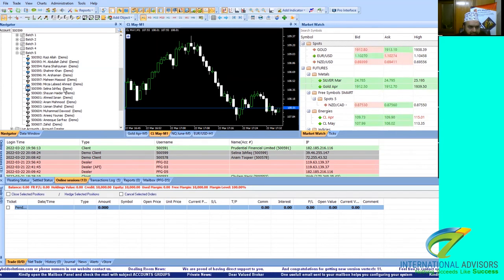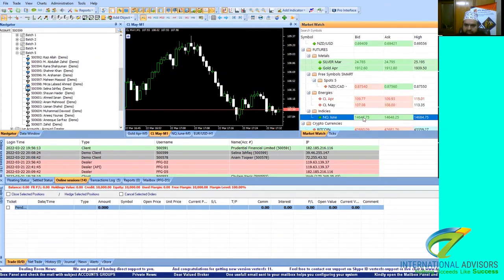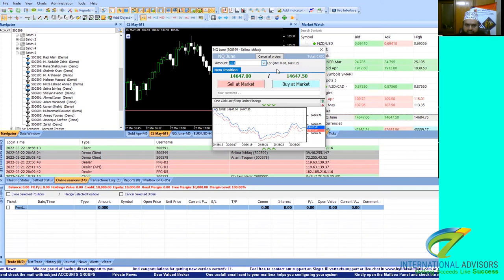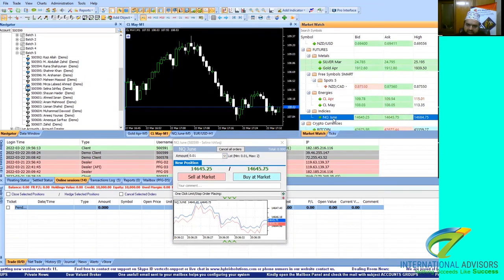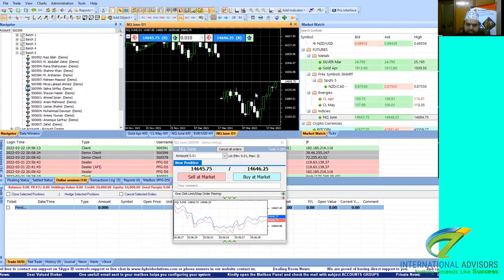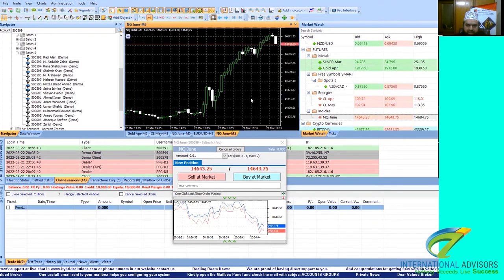Okay, you can see your account. How do we change the chart? Mine is showing the Euro USD chart. Simply drag it. For example, this is NQ. Just left click and drag it here. And then you can change the time interval.